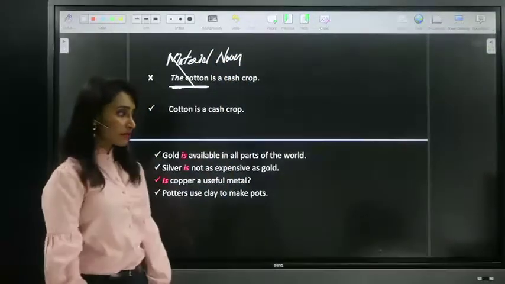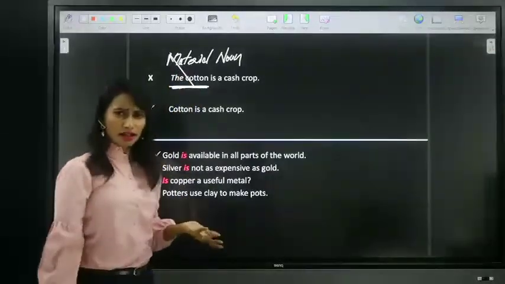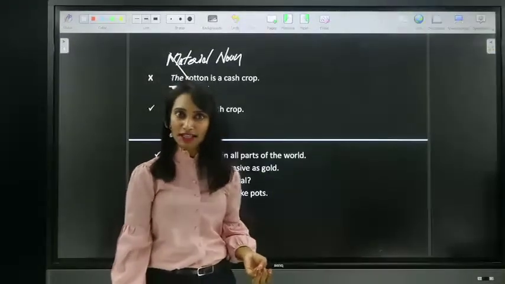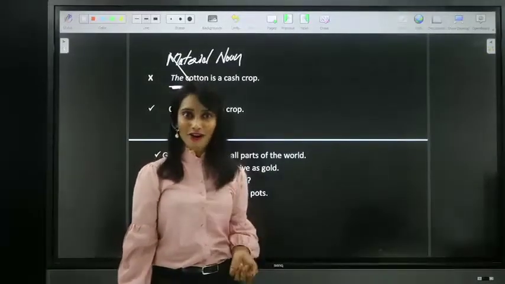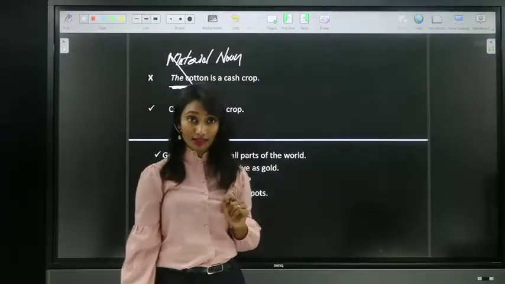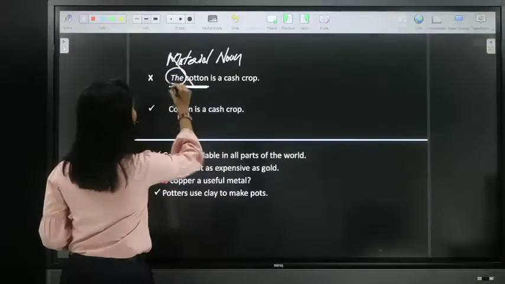Yes, Swapna, it is a material noun. Material nouns are nothing but the names of raw materials or substances from which things are made or formed, right? Now, the rule says do not use any article before material nouns.